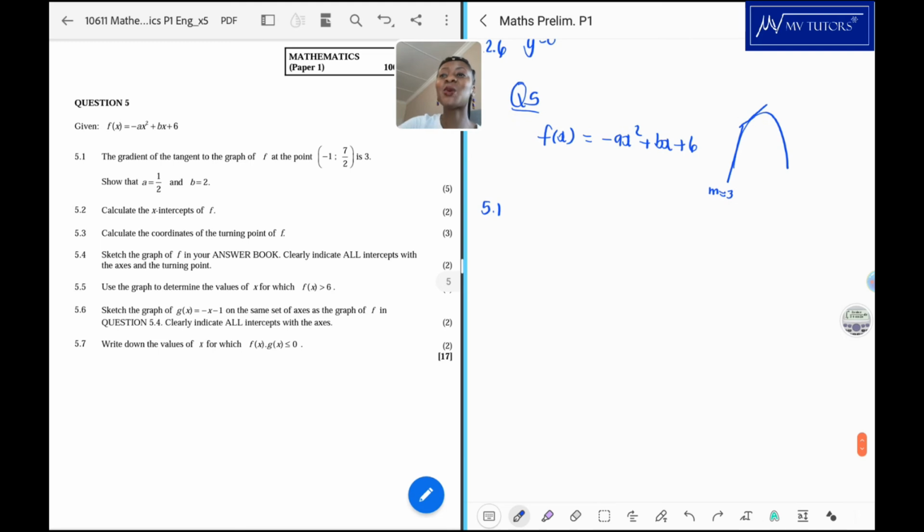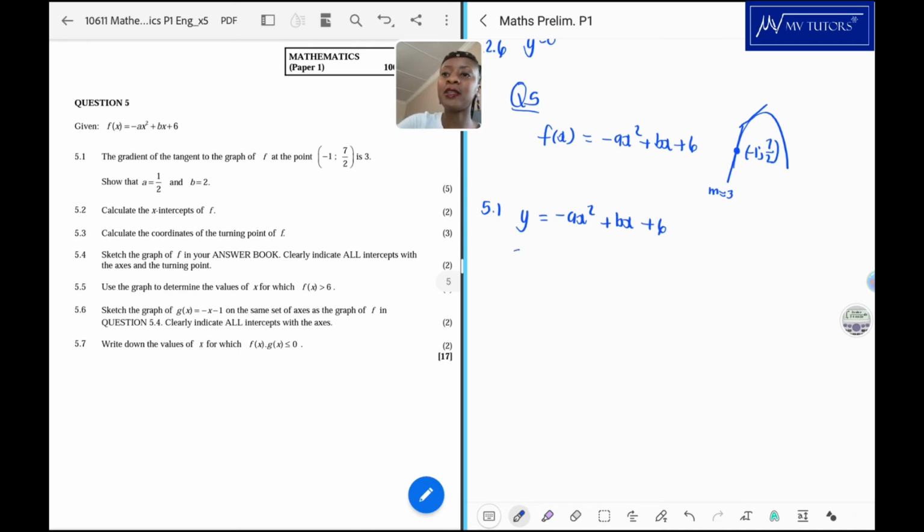Okay, so what I'm going to do, I have a point, and the point there is -1 and 7 over 2. So I have an equation, guys. I'm going to write it this way: y is equal to negative ax squared plus bx plus c. I'm going to substitute that point that I know.